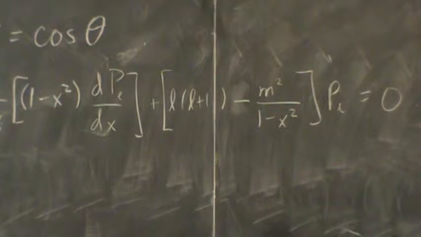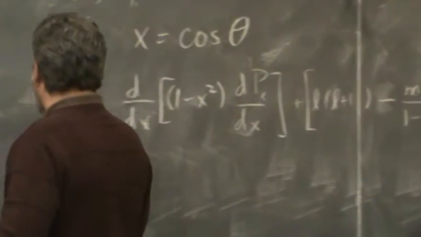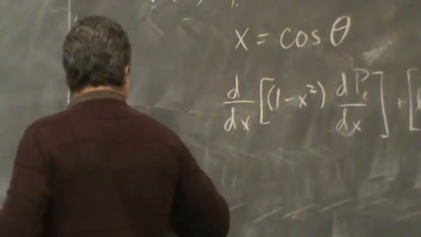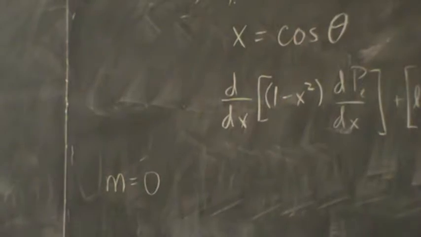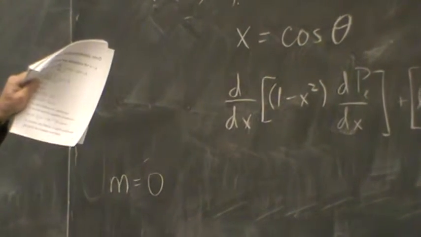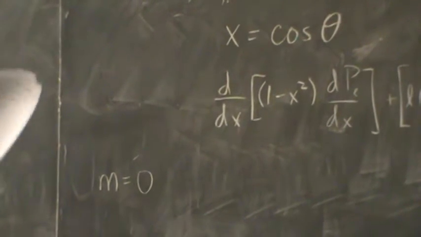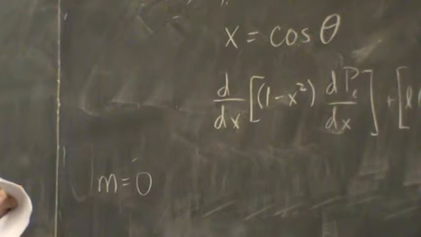We're going to address this problem in two circumstances. One is the one we'll discuss most extensively, and that's the case where m is equal to 0. What that means, if I look over there, is that the azimuthal function is constant.